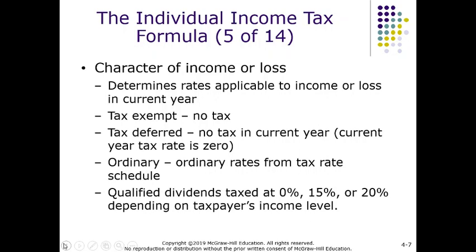Often these corporations that they hold stock in pay dividends to the shareholders. And so when these taxpayers receive these cash dividends, these dividends are taxed at preferential rates of either 0, 15, or 20%, depending on the taxpayer's income level.